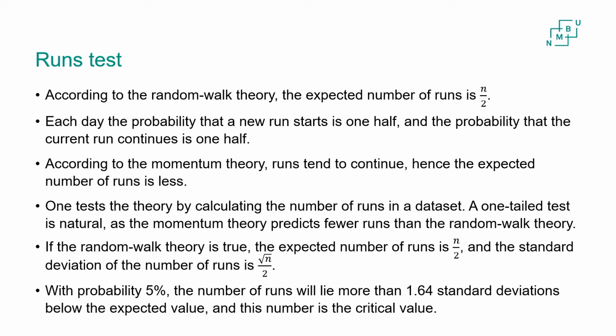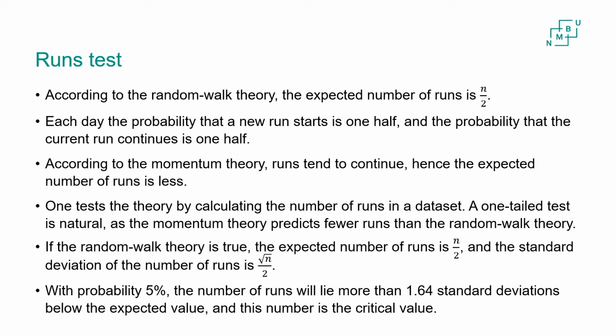So this means that we can calculate the number of runs in our data, and we can calculate the expected number of runs, which is the number of observations divided by 2, and we have the standard deviation of the number of runs, which is the square root of n divided by 2.